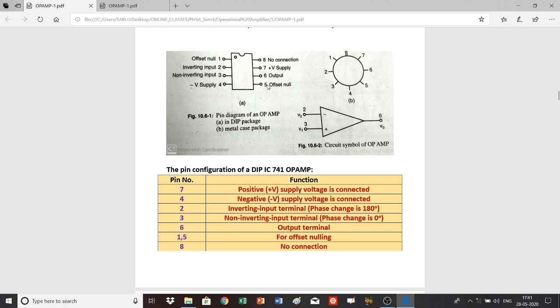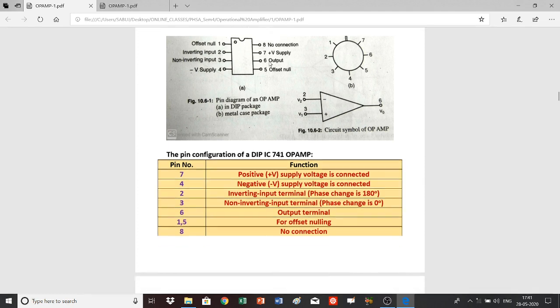The process by which the output can be made 0 for 0 input voltage is called offset nulling. So pins 1 and 5 are used for the offset nulling operation, and pin number 8 has no connection.